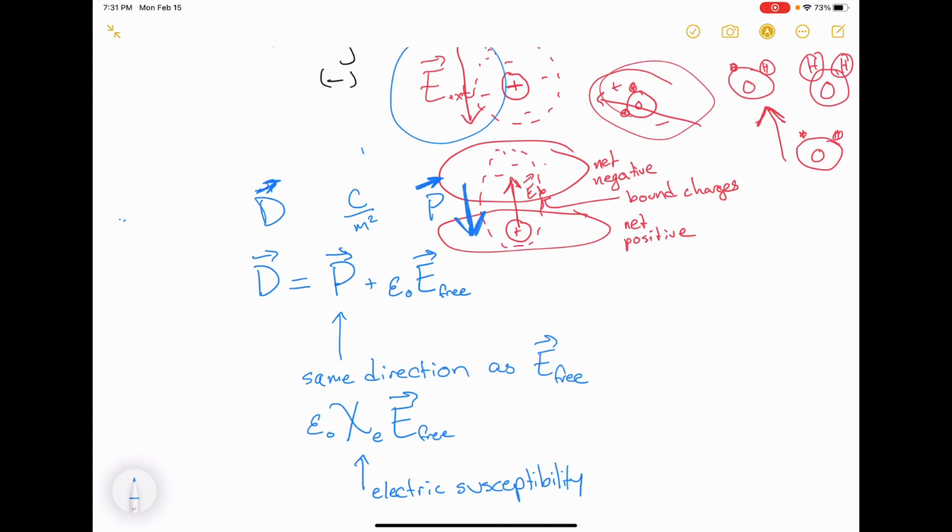So what this works out to is that you end up with the free charge electric field times epsilon naught times 1 plus that susceptibility.